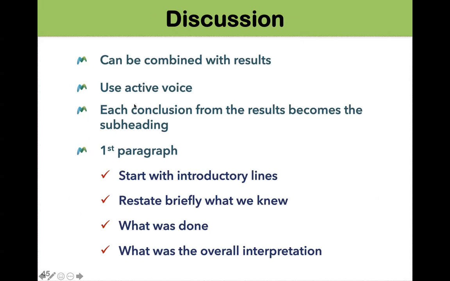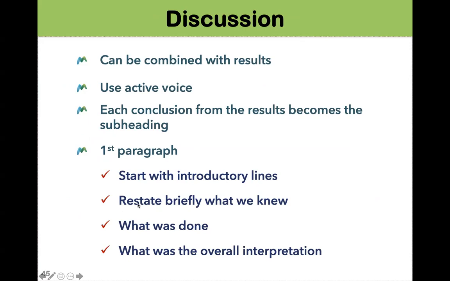And here it is very important to use active voice. Each conclusion becomes a subheading. You start with the introductory lines, restating briefly what we knew based on the previous studies. In this study, I did this, and this is what we came up with, and what is the overall interpretation based on the past and present.